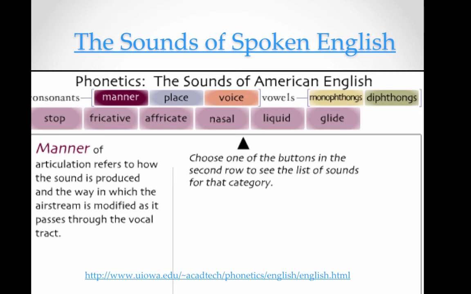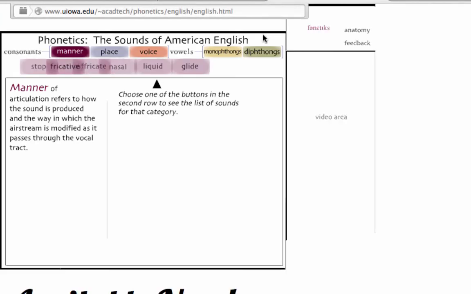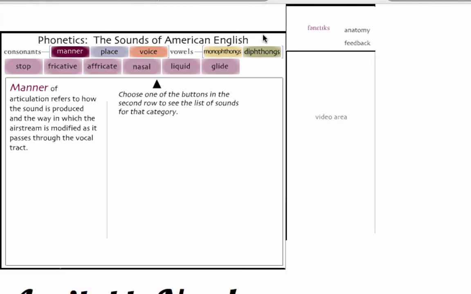This is the same website I showed you for consonants, but this time I want to call your attention to vowels. So you can always go there and play with it and use it to solidify your knowledge of consonants but also vowels.